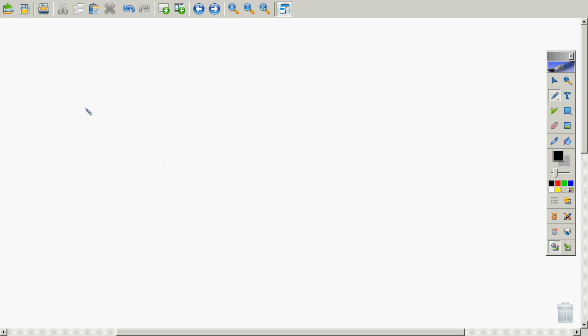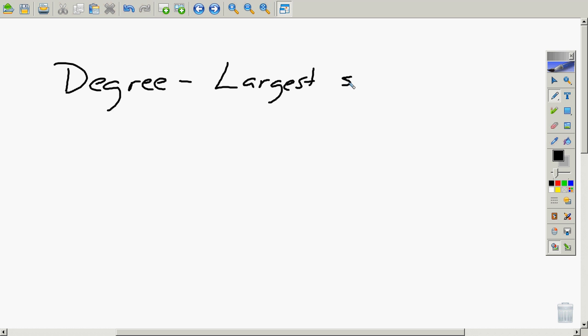Okay, degree. Degree is another term that we need to know. The degree is the largest sum of exponents in a term. Let me show you an example of that.